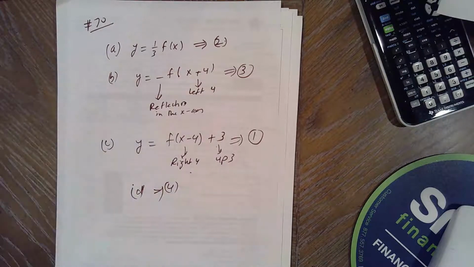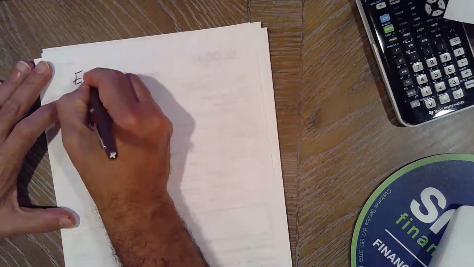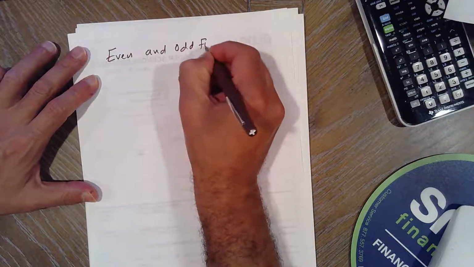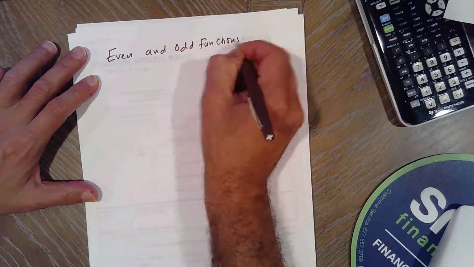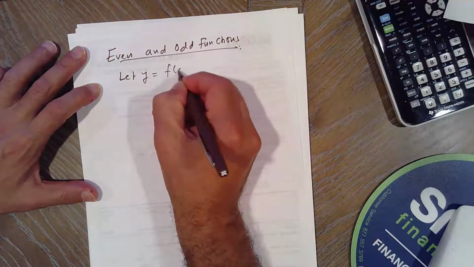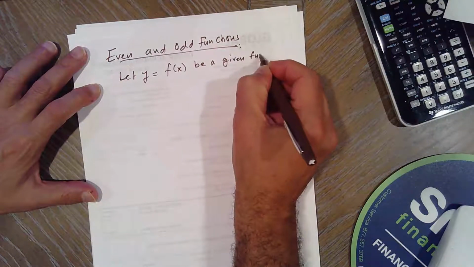And the last thing we need to do in section 2.6 is even and odd functions. Let y equals f of x be a given function. So we know what that is.